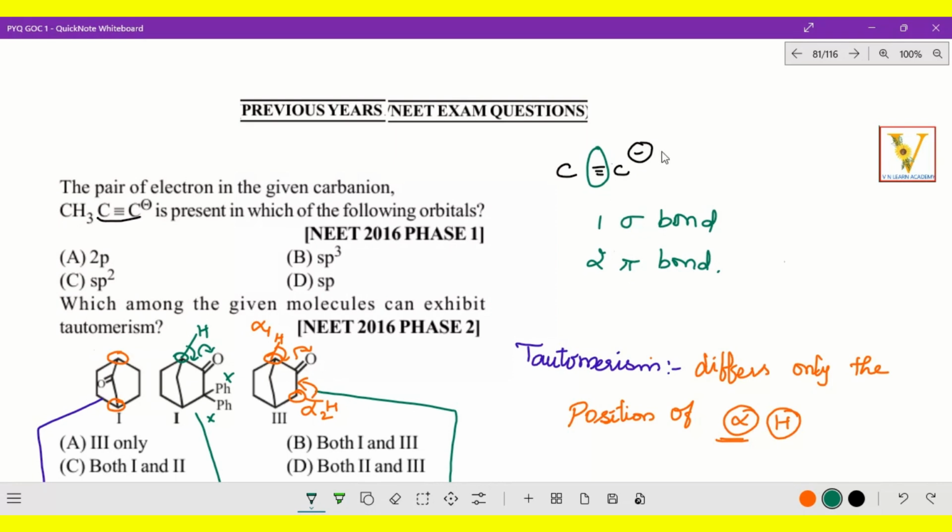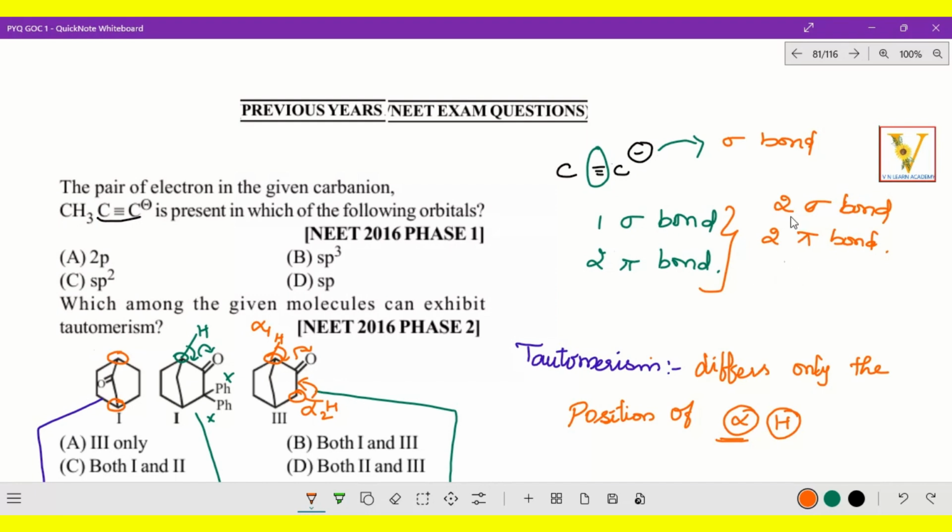Now here the negative charge is also mentioned. So the negative charge means what? A sigma bond. So totally how many sigma bonds and pi bonds are available? Totally 2 sigma bonds and 2 pi bonds. Two pi bonds are available, right? So naturally, a triple bond means 100% it is sp only.